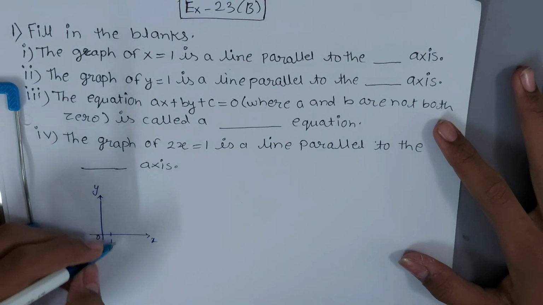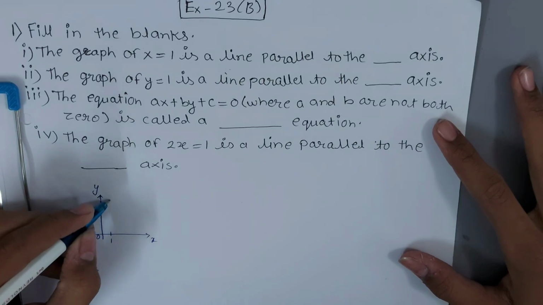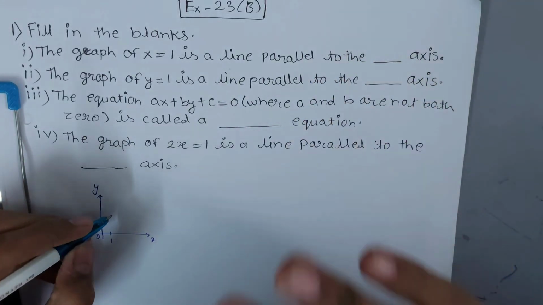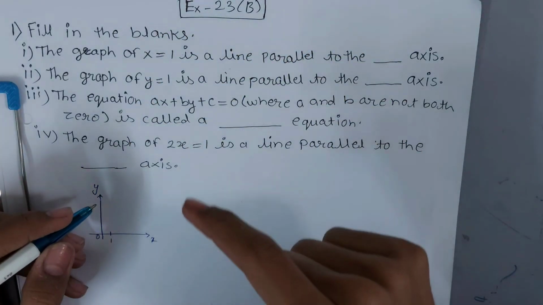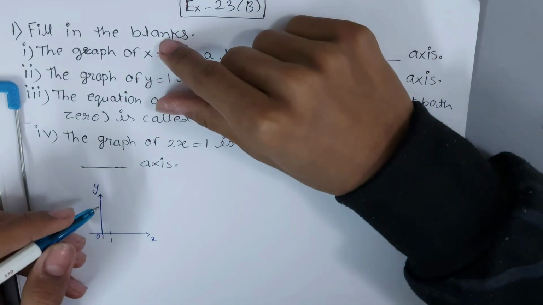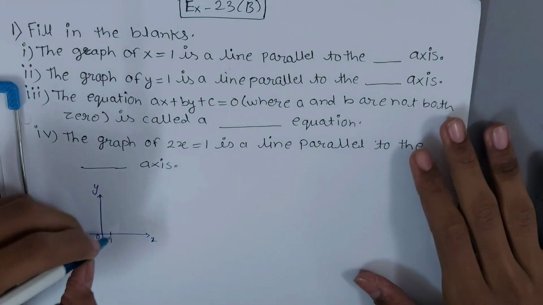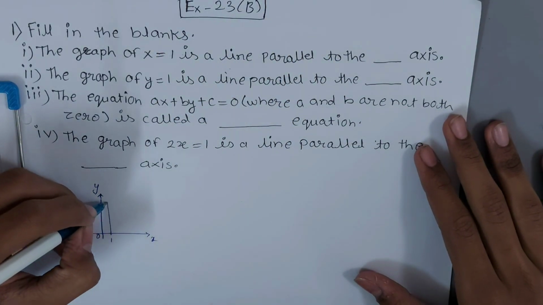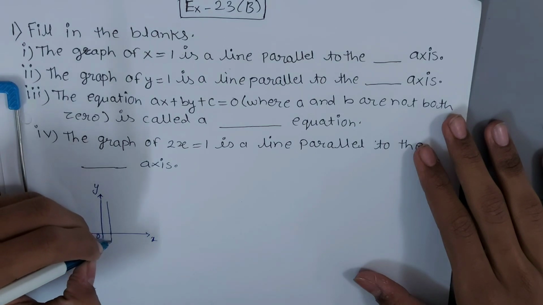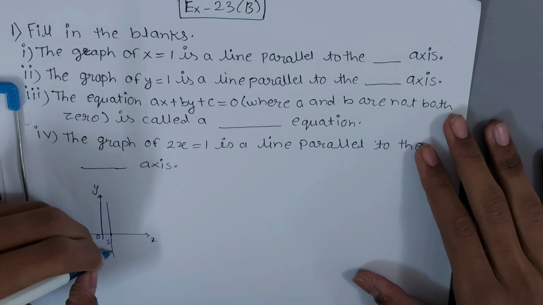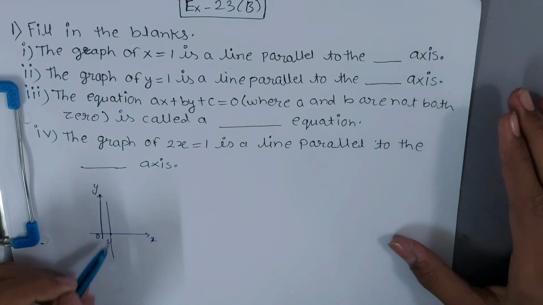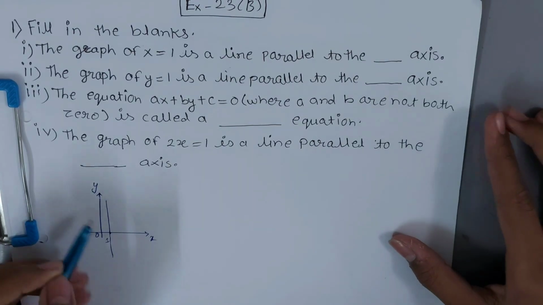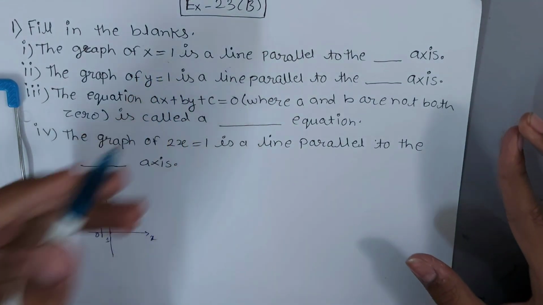Whenever we have to graph such things, where just a single variable, a single axis name, is given, and then a value in front of that, just make a straight line passing through this point, which is 1. So something like this. You will observe that this straight line is the graph for x equals 1.